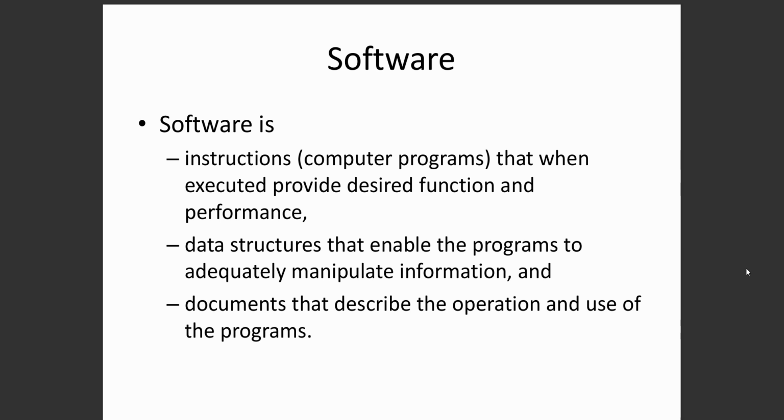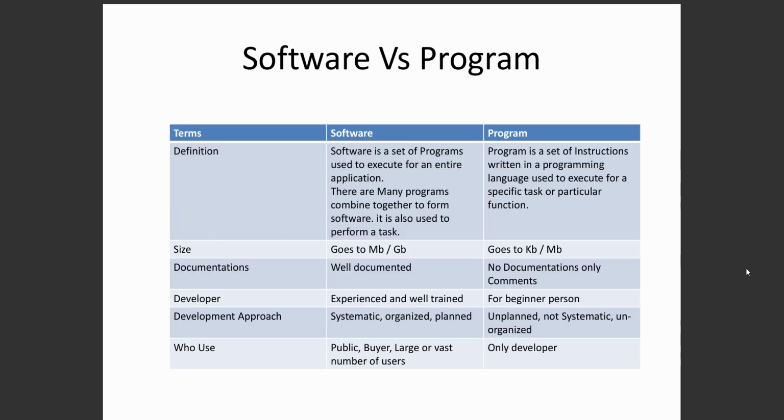Now, the next thing is there are some vital differences between software and program. The first is the definition itself. It says that software is a set of programs used to execute an entire application. So there may be many programs combined together to form a software. It is also used to perform a task.